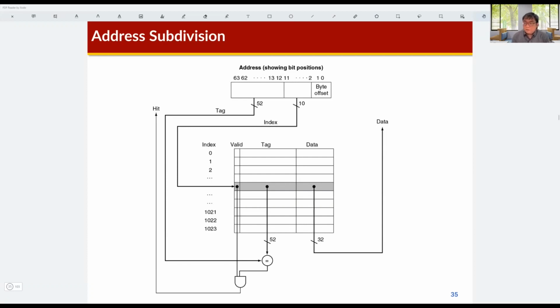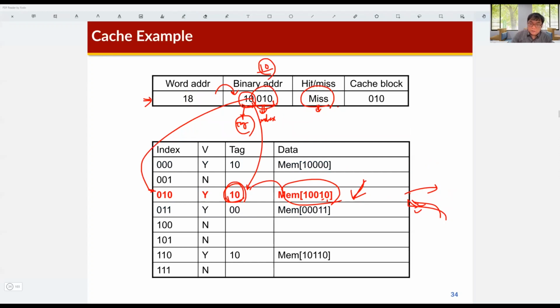And then this slide shows the structure of the cache. So this is the address, and this is the byte offset. The byte offset means that, actually in the previous example, we just handled the word address. And this word address is different from the byte address.